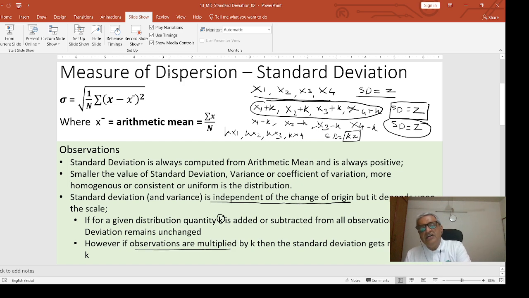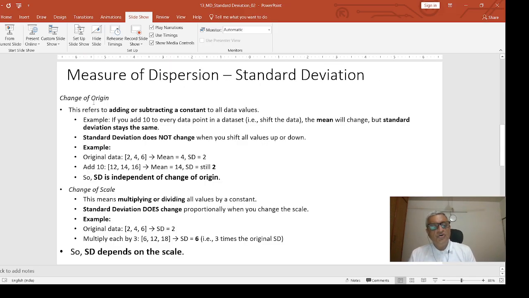So this is what it means. On the next slide, let us quickly see the example of this. Let's see the change of origin example. If we add 10 to every data point in a data set, that is, shift the data, the mean will change, but standard deviation stays the same.